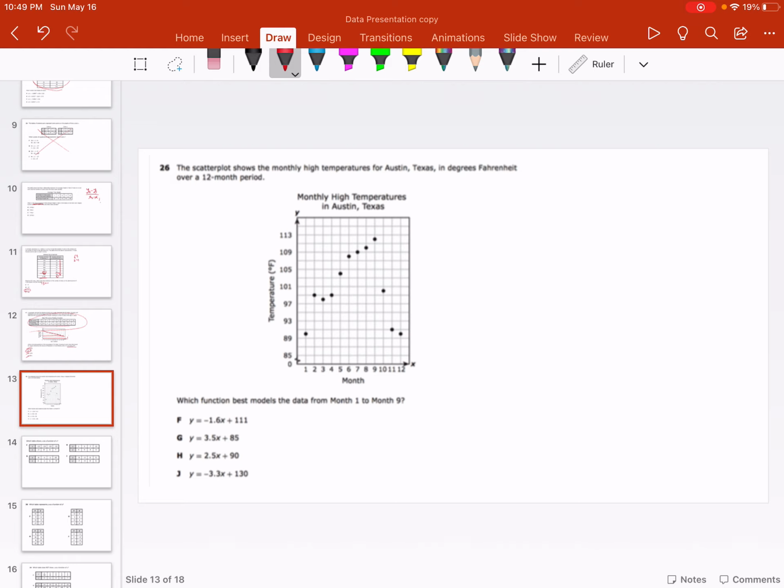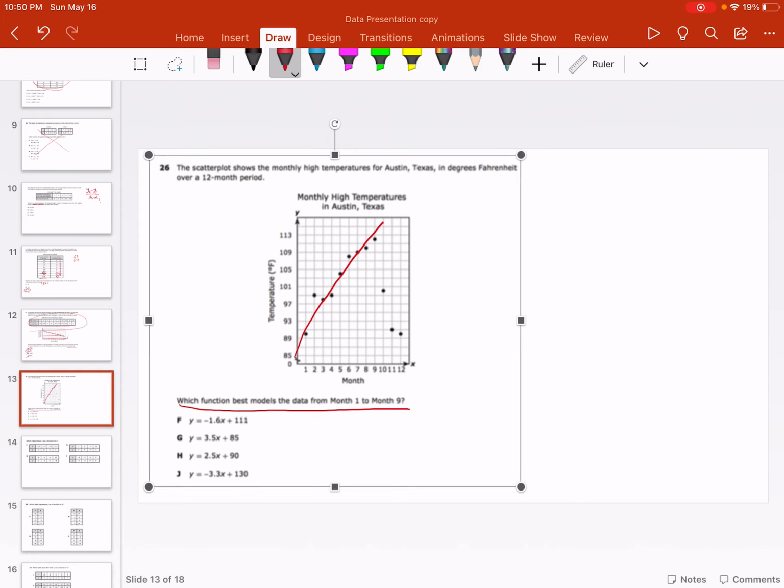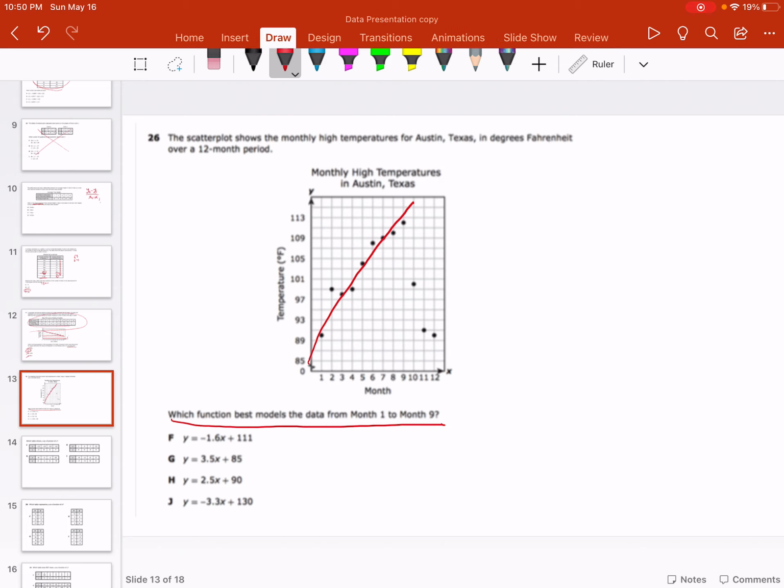Yep, put this one. Just look at this one and say which function best models data from 1 to 9. So 1 to 9 about this data, okay? If I were you, what I'm gonna do is find the y-intercept first. What's the y-intercept gonna be when you graph the line like this? It's gonna be somewhere here, something like 85, or not 90.